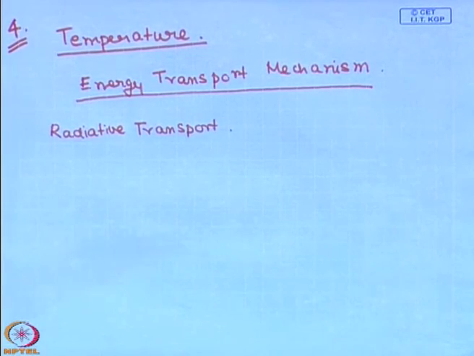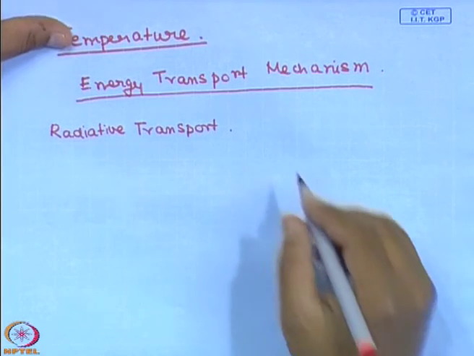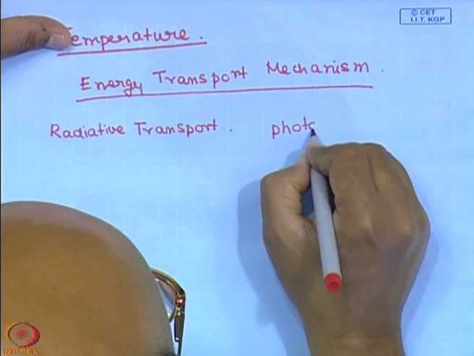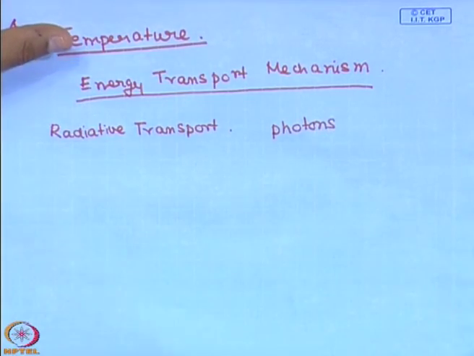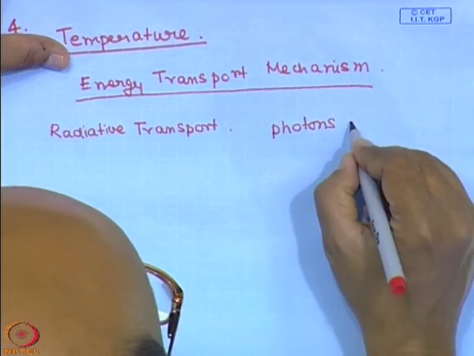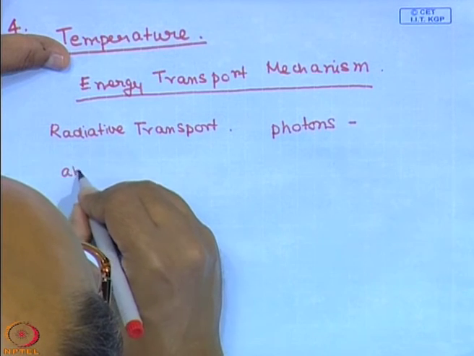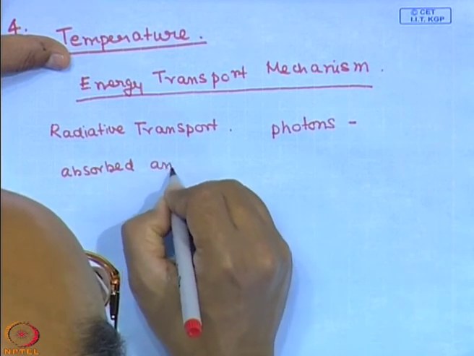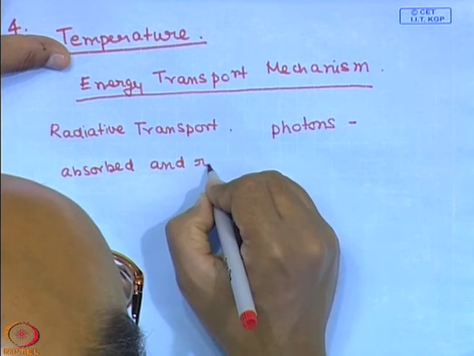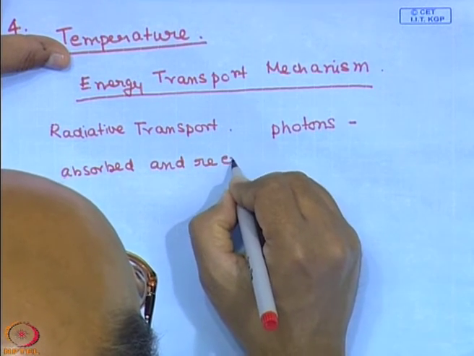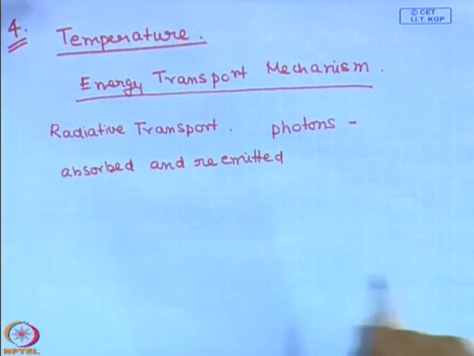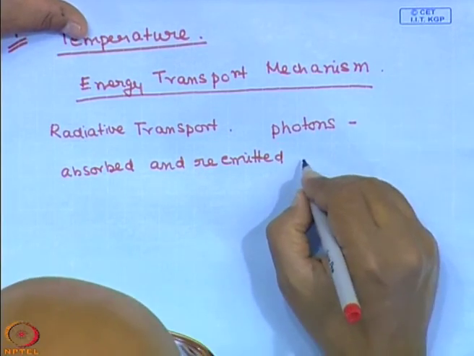In radiative transport, the photons get absorbed and re-emitted, and they slowly make their way across the sun, and they diffuse.